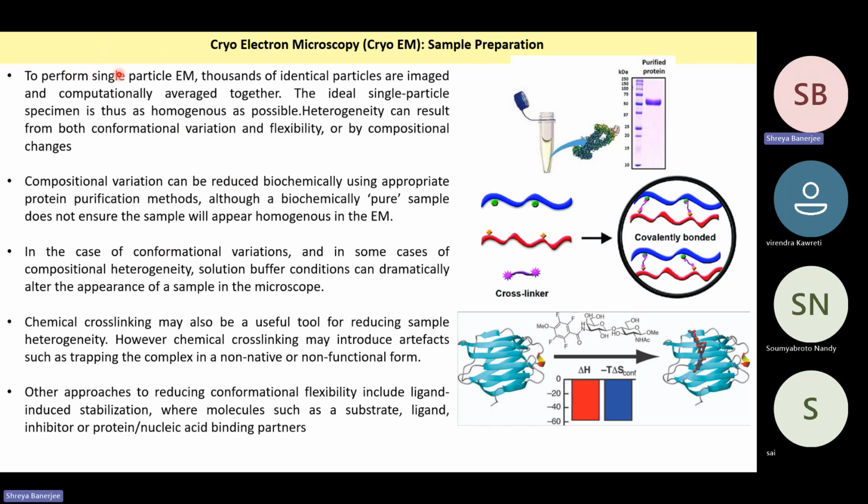Now, to perform single particle electron microscopy, thousands of identical particles are imaged and computationally averaged together. The ideal single particle specimen should be thus as homogeneous as possible, because heterogeneity can result from various ways. There can be a variation in conformation or flexibility, or the composition itself can change.